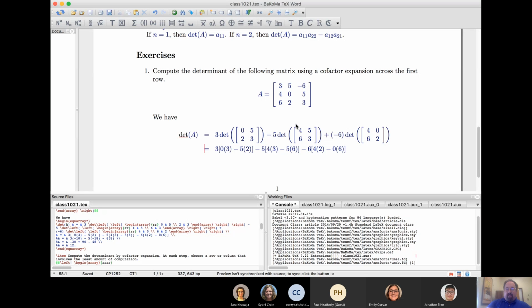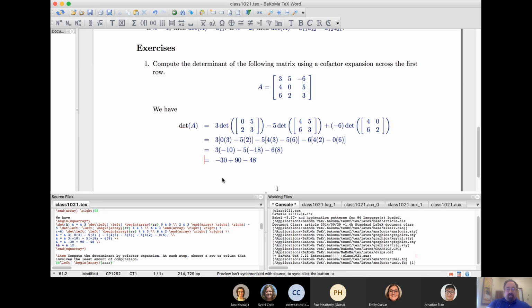Then we proceed in the same manner with the rest: 4 times 3 minus 5 times 6, and then 4 times 2 minus 0 times 6, each multiplied by the respective entries from the first row. After that, you just carry out the arithmetic and put everything together, and what we wind up with is 12. So that's the determinant of this matrix.